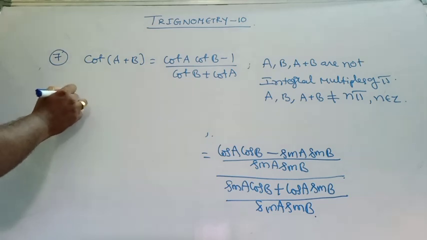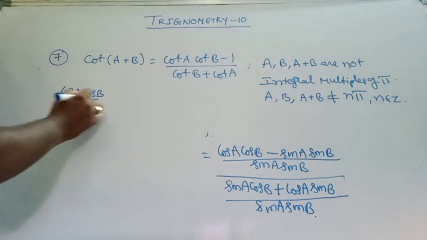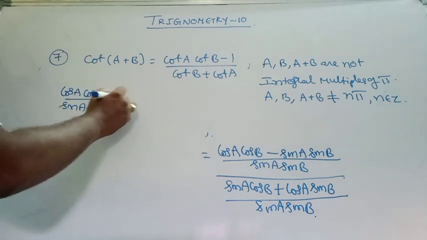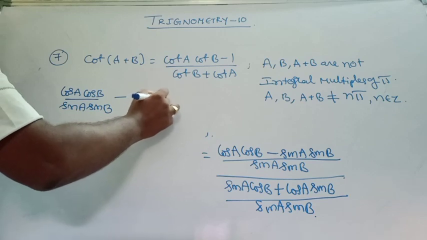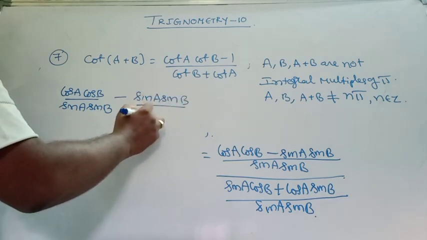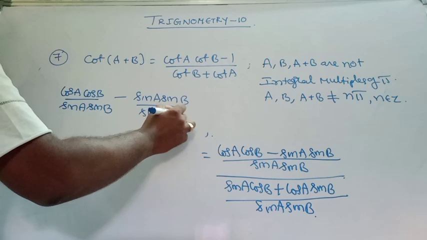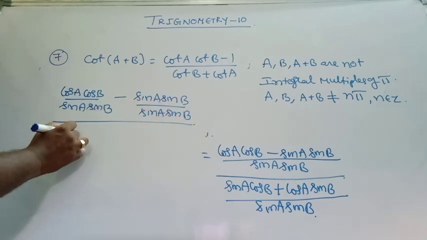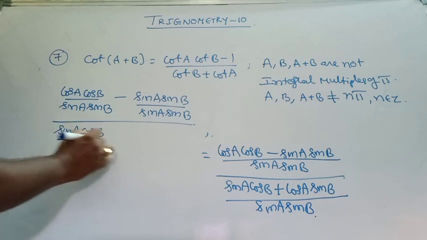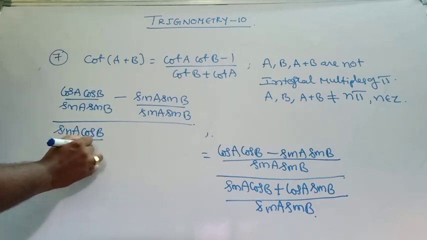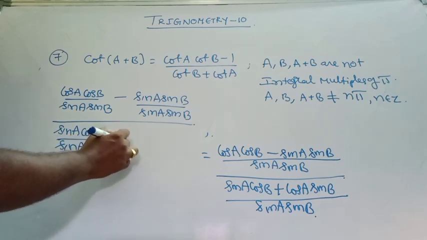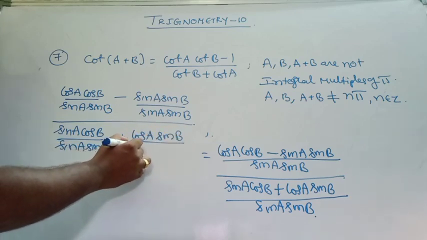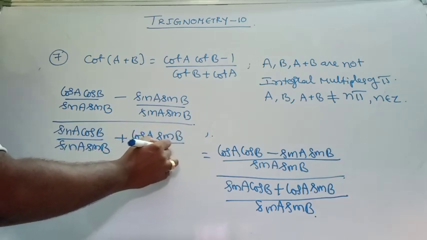Once you split, this is now cos A cos B by sin A sin B, minus sin A sin B divided by sin A sin B, whole thing divided by, now sin A cos B by sin A sin B plus cos A sin B divided by sin A sin B.